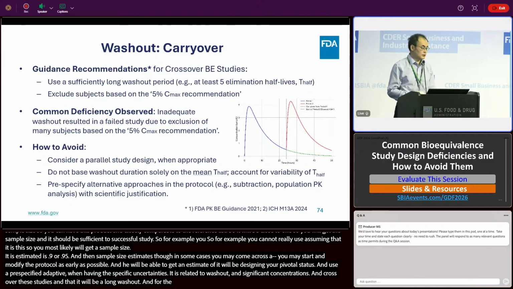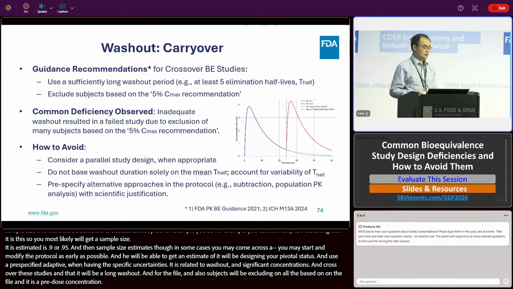Subjects will be excluded based on the 5% Cmax recommendation, meaning if the pre-dose concentration is greater than 5% of its respective Cmax, then the subject will be excluded from the BE analysis, which will reduce the study power. One example is that inadequate washout resulted in a failed study because of exclusion of many subjects based on the 5% Cmax recommendation.